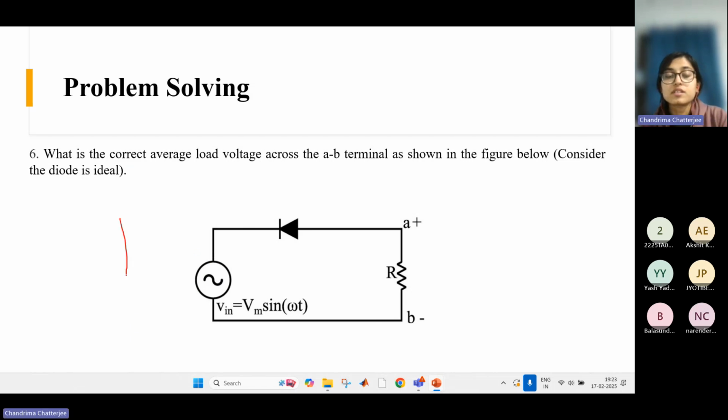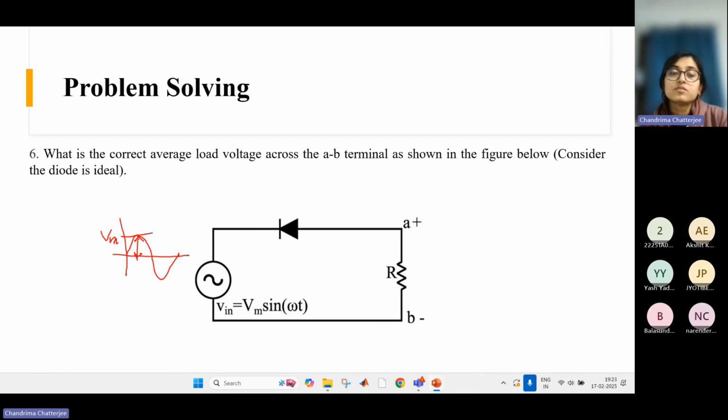The same source voltage that we are seeing again and again. This is our V in, and this is our peak value, which is Vm.